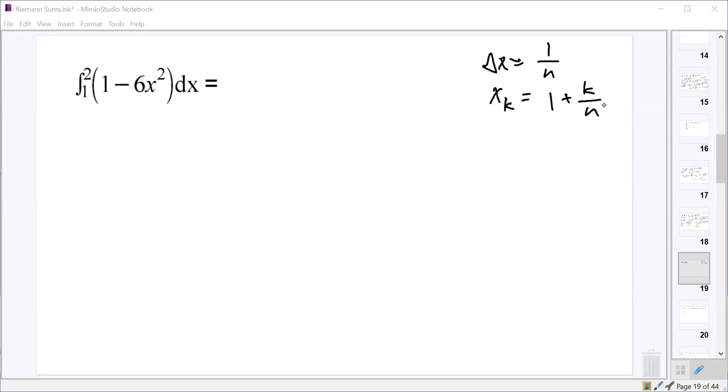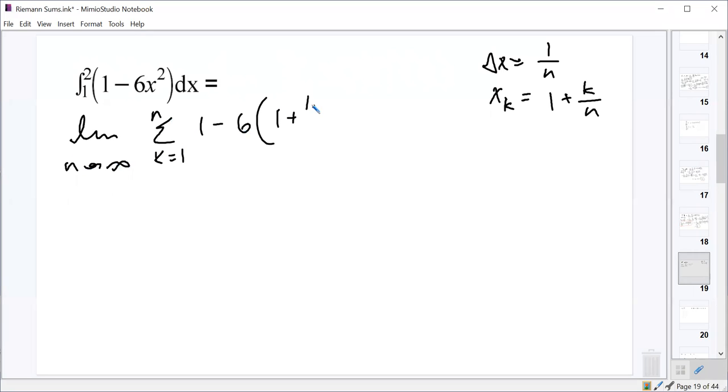And so we end up with a limit as n approaches infinity of the sum from k equals 1 to n of 1 minus 6 times 1 plus k over n squared times 1 over n.